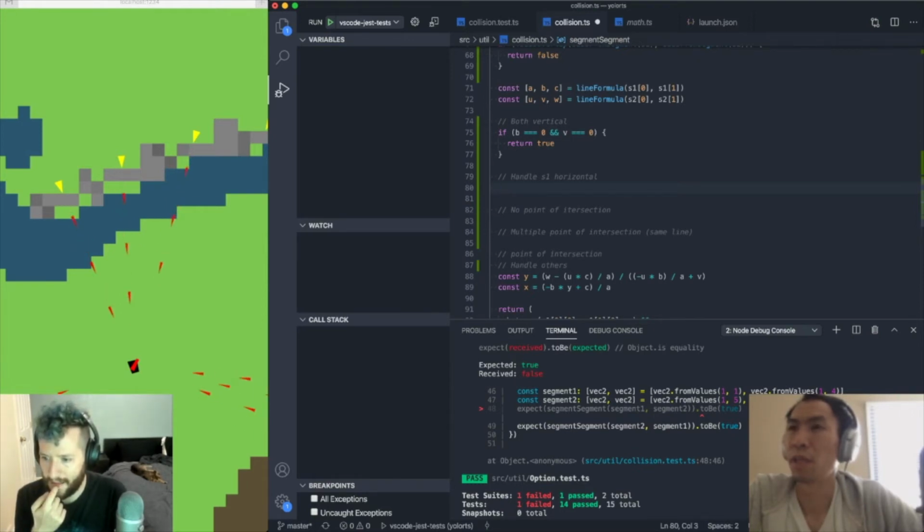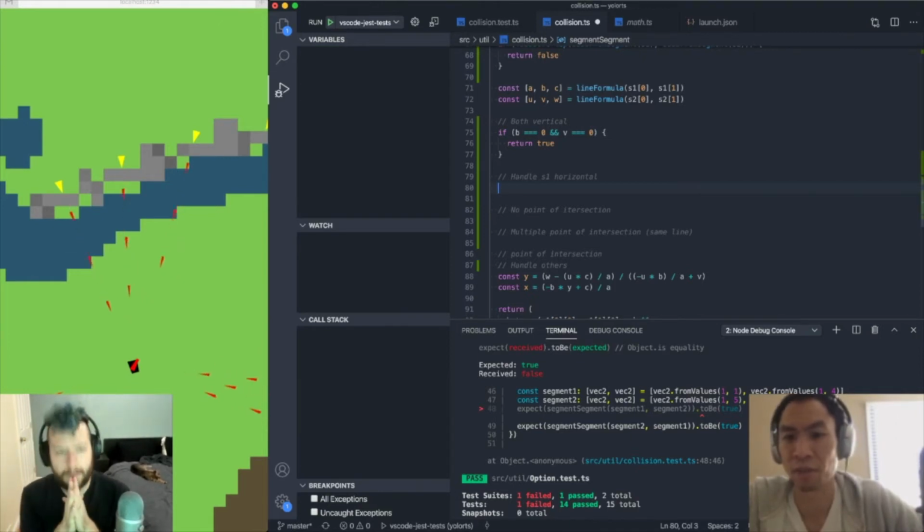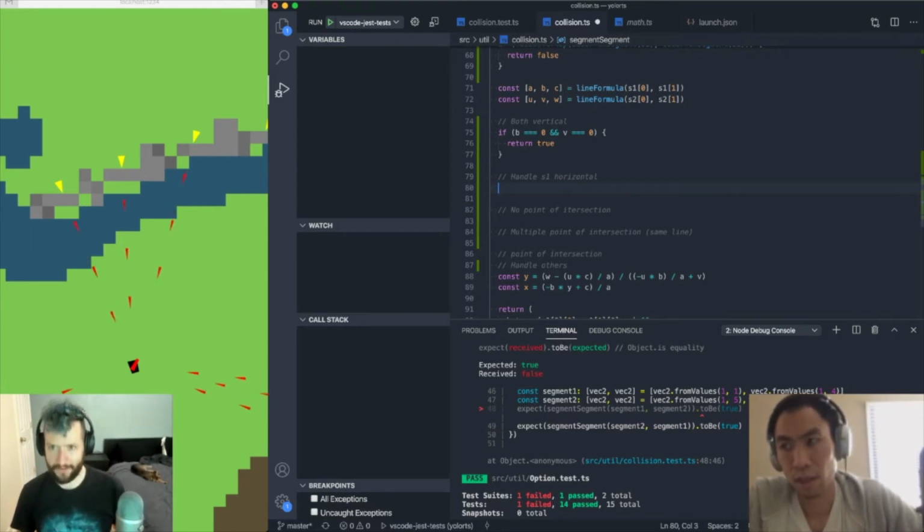I feel like if one of them is horizontal and we've already done the bounding box check, the overlap should be there. Try to convince yourself of that. The bounding box on one of them is actually reduced down to a line, right? Yep, totally. I absolutely agree with that.